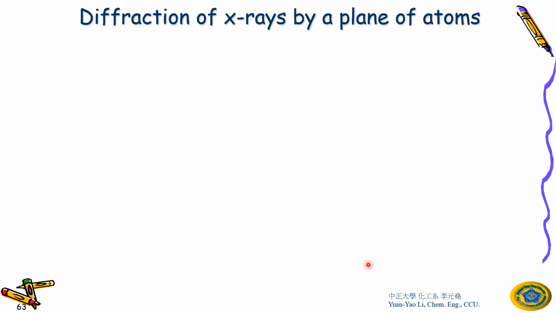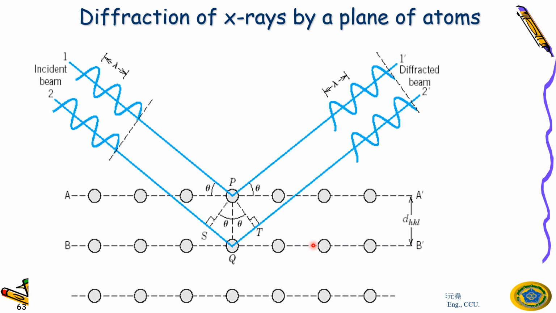So the diffraction of X-rays by planes of atoms is like this. This is plane A, which is on the surface. Plane B of atoms is in the second layer. The third layer is plane C. So you have an X-ray shot from this angle. This is called the incident beam.